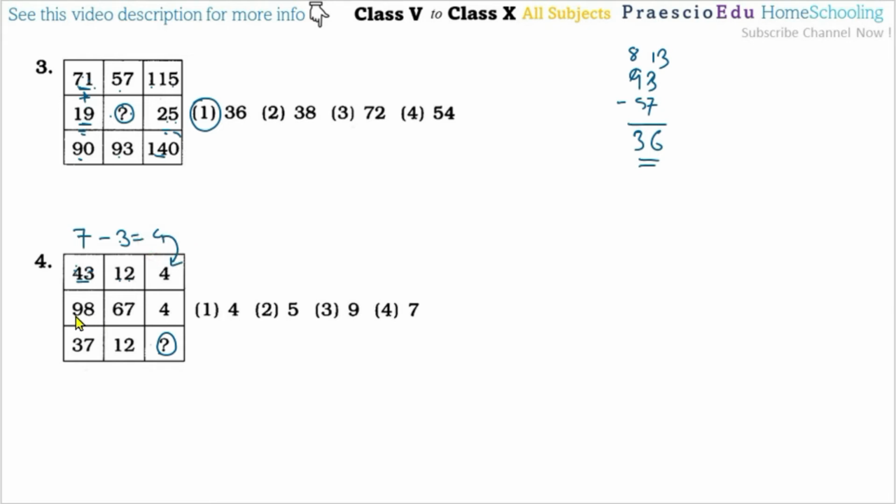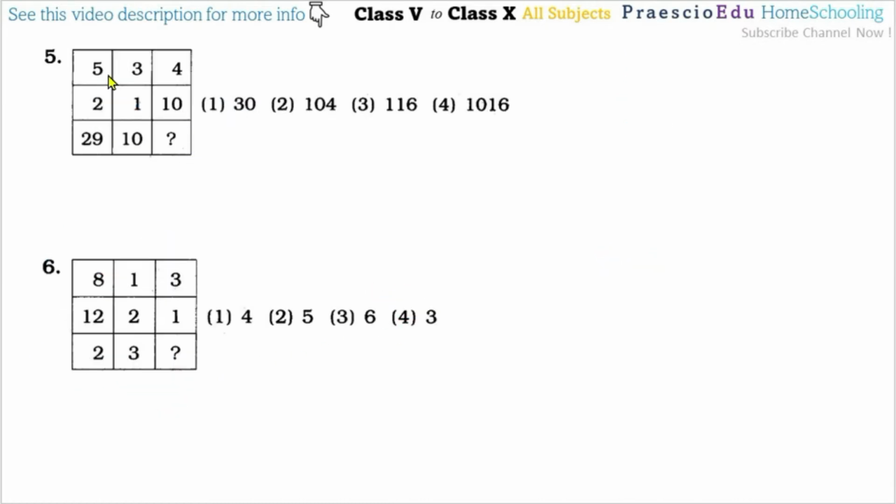Same here, 9 minus 8, that is 1, and 6 minus 7, that is also 1. Same we have to apply here. 9 plus 8, that is 17, and 6 plus 7, that is 13, and the difference between them is 4, and 4 comes here. Same here, 3 plus 7, that is 10, 1 plus 2, that is 3. So the difference between these is 7, and 7 is given in option number 4.